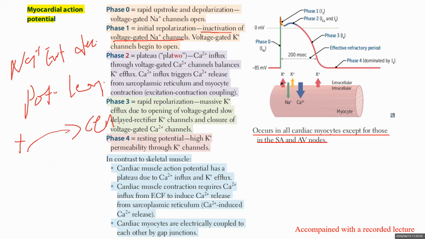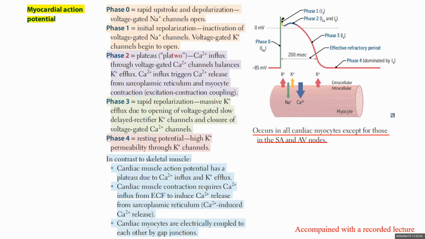That is why the graph shows a small dip after the spike. So phase 1 is a short transitional phase, and the key idea is that phase 1 is due to the brief potassium efflux. There's a small dip that you're looking at here in this yellowish format.